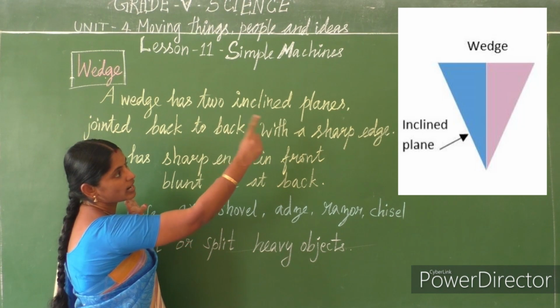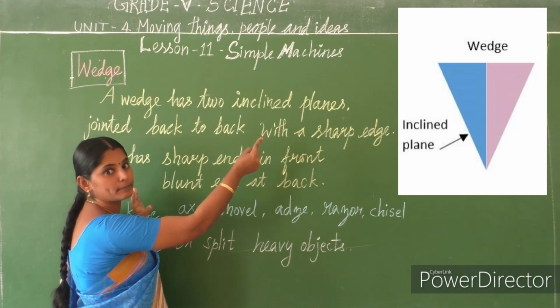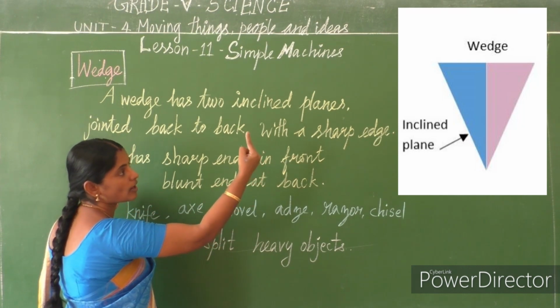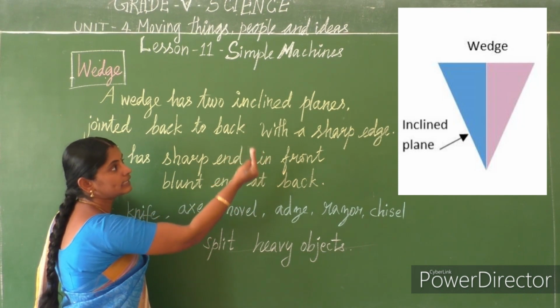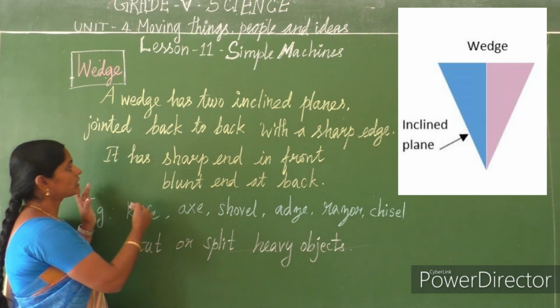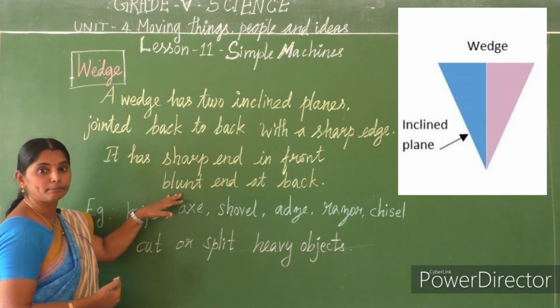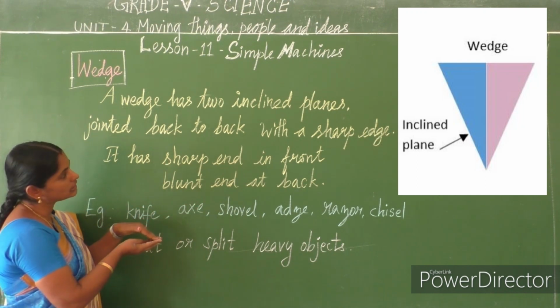So one end becomes sharp and another end becomes blunt. So sharp end will be there in front, blunt end will be there at back, isn't it children? So it has sharp end in front and blunt end at back side. Are you clear?